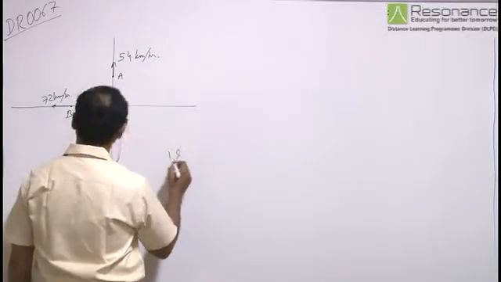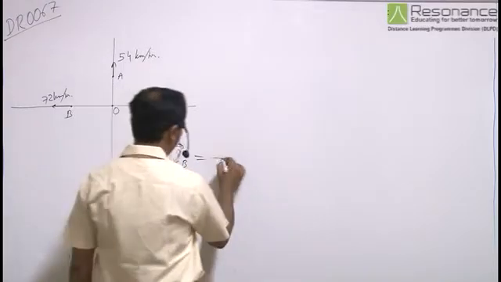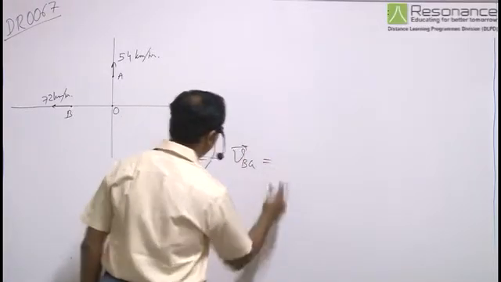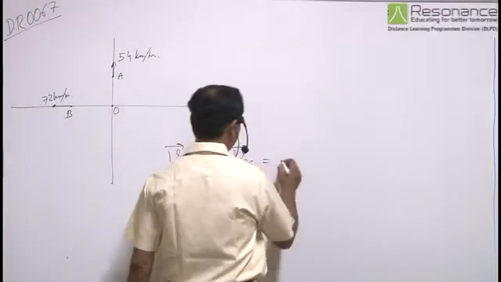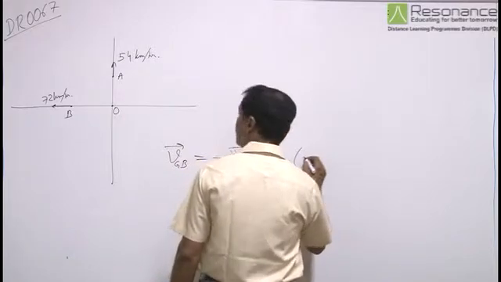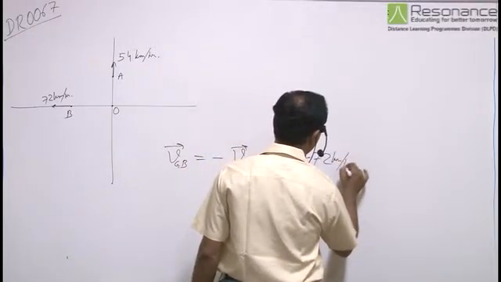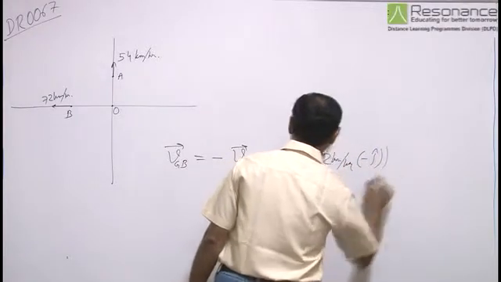relative velocity of ground with respect to B is nothing but minus of velocity of B with respect to ground. As can be seen in this particular problem, this is minus 72 km per hour in minus j direction.